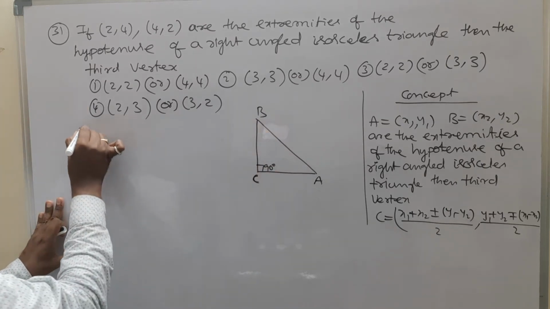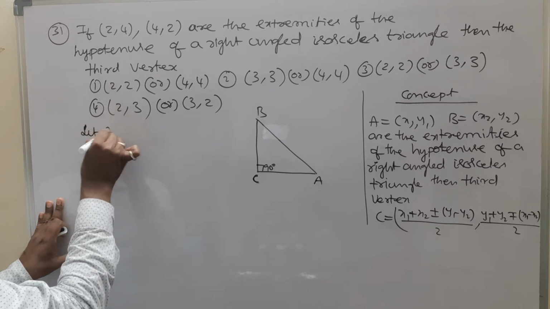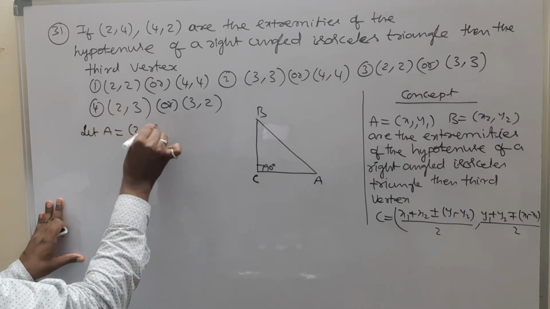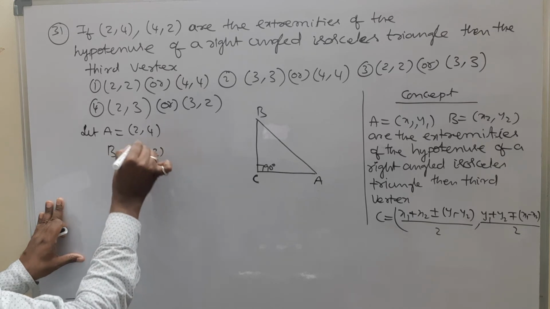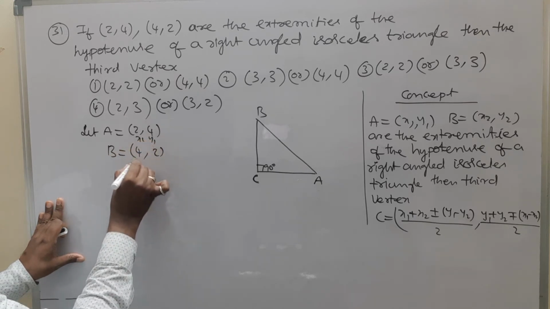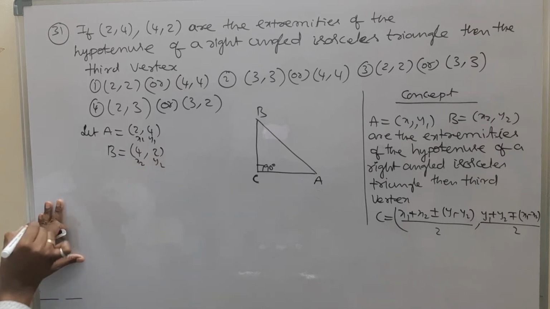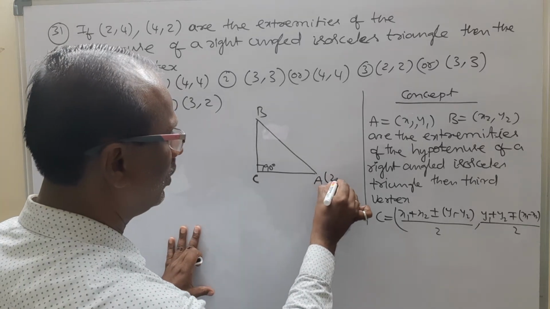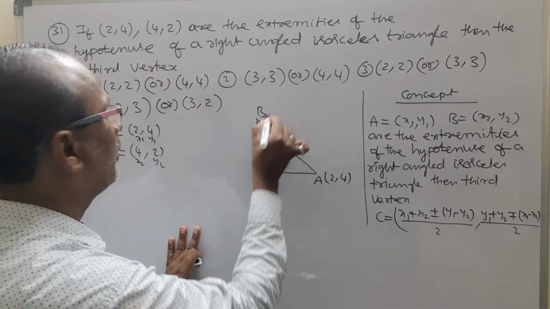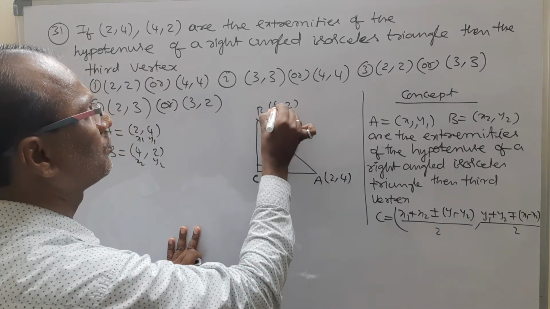Let A equal to one extremity of the hypotenuse, B equal to the other extremity, (x1, y1), (x2, y2). Here in the diagram, A is (2, 4), B is (4, 2).